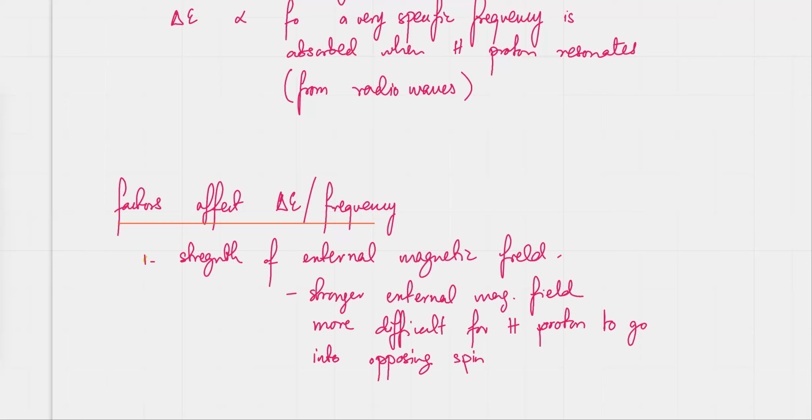It's a lot more difficult to go into opposing spin, and that would lead to a higher resonant frequency.